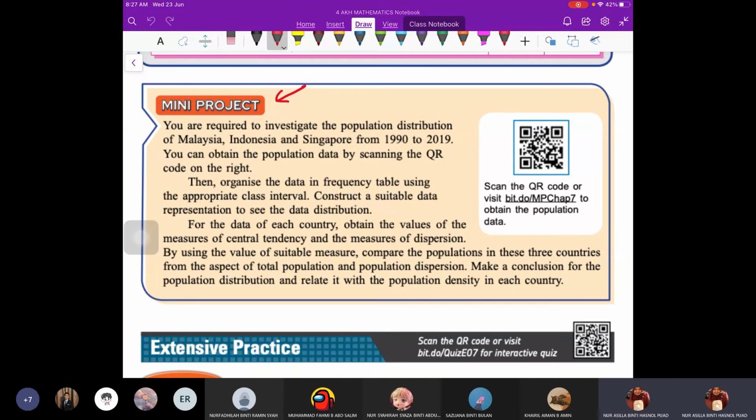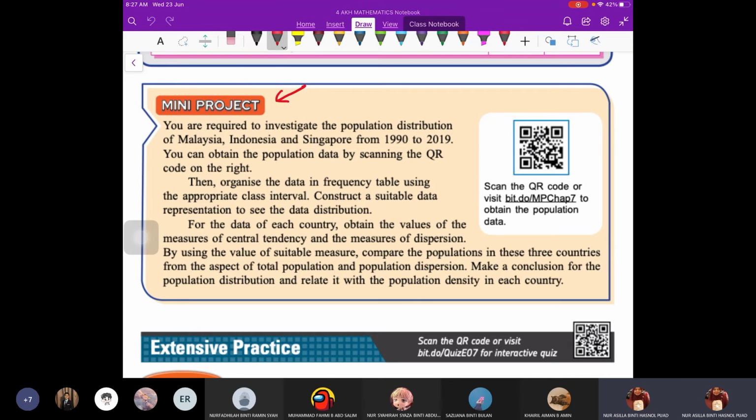Okay. And then you have to construct a suitable data representation to see the data distribution. So kat sini maksudnya your graphs lah. And then for the data of each country, obtain the values of the measures of central tendency and the measures of dispersion.